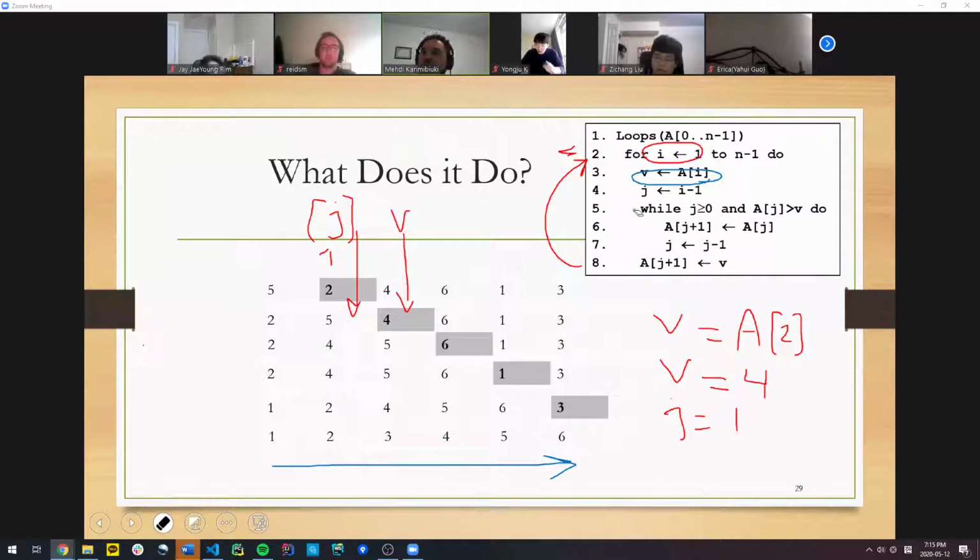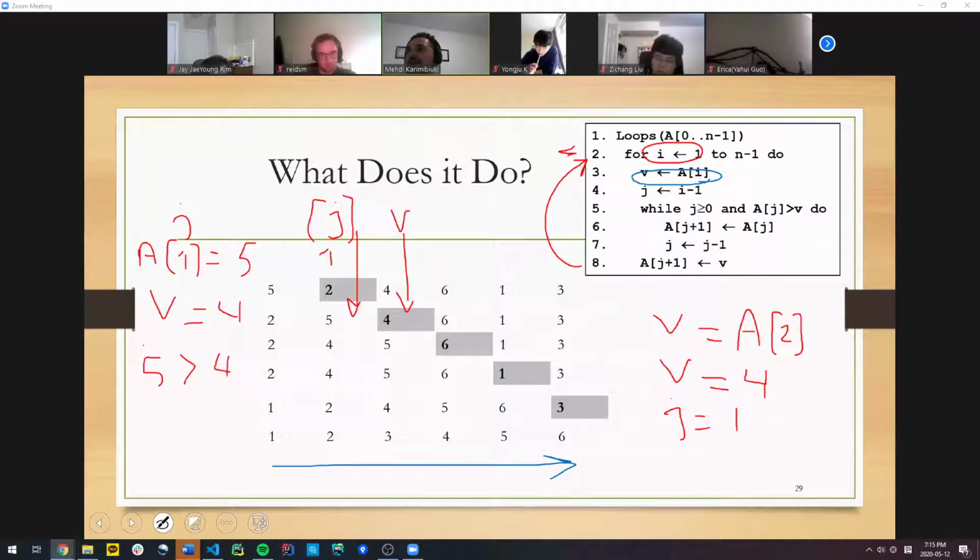So while J is bigger than or equal to 0, and A[J], so A[1] is 5, bigger than V, V is 4. So A[J] is 5 on the second iteration. A[1], that's J here, is 5, and V is 4. So 5 is bigger than 4.